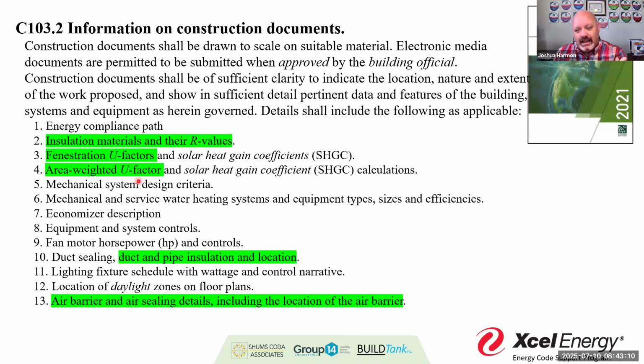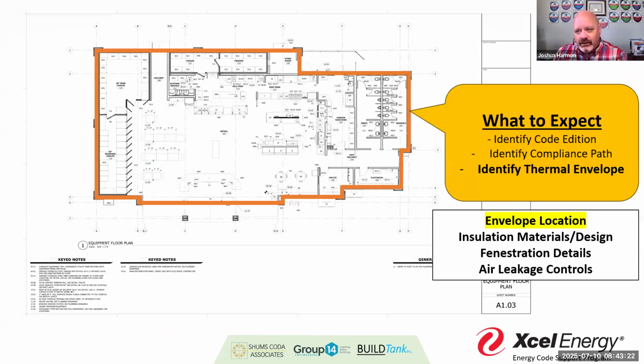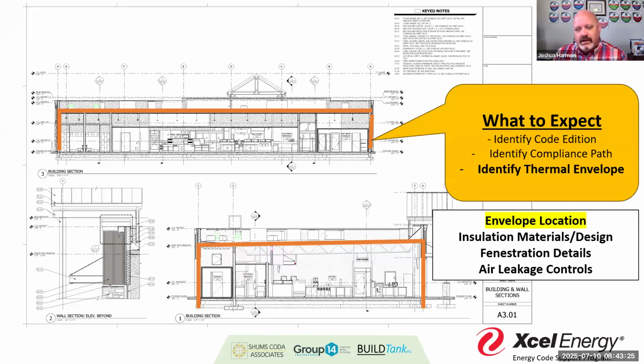I'm going to be looking for all those expectations for documentation of the insulation, the windows, the air barriers. All those components have to be documented as part of this assembly, not only the location, but the actual materials themselves. And so again, like we talked about, this is the kind of detail that we're going to want submitted back to us. When we start talking about those submittal expectations from the document that we saw earlier, that's going to be one of those things that we want to see.